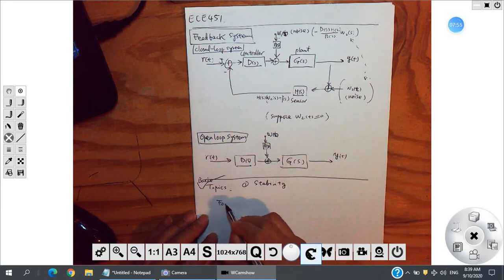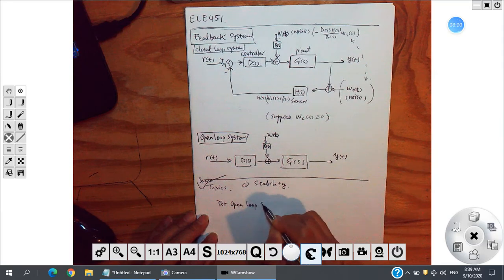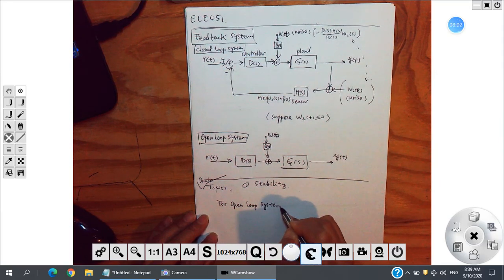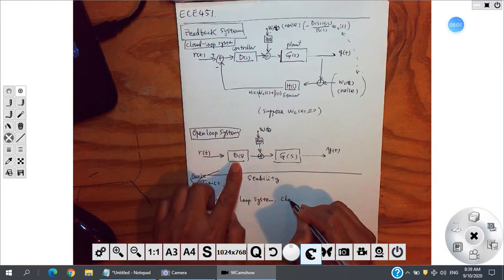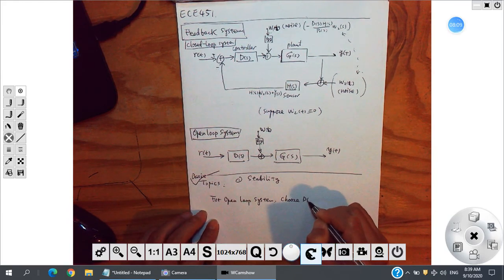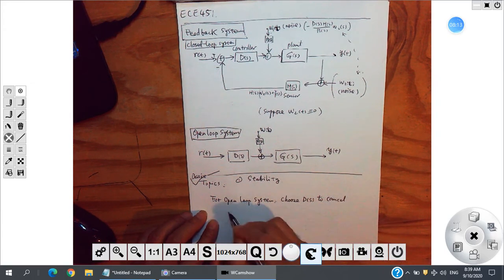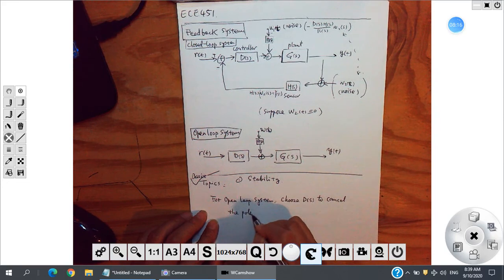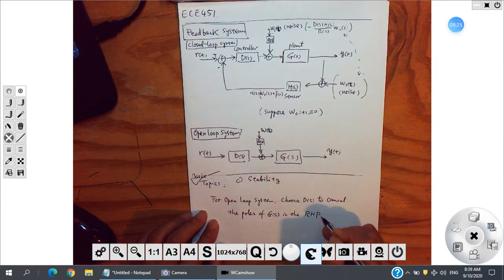For open loop system, we choose D(s) to cancel the poles of G(s) in the right half plane.